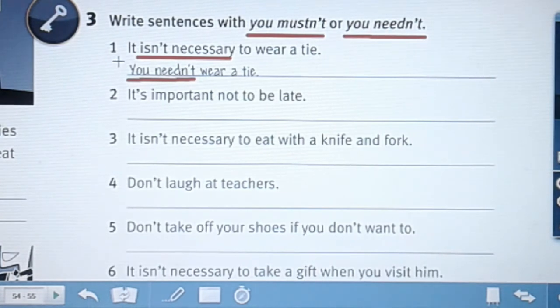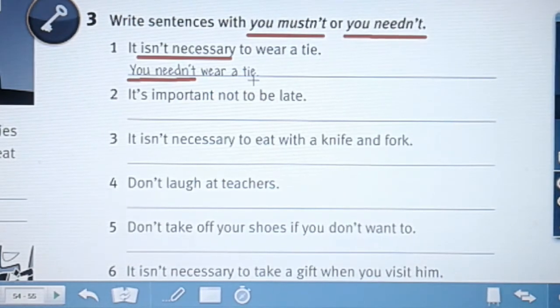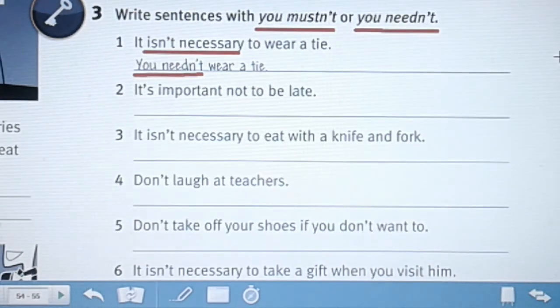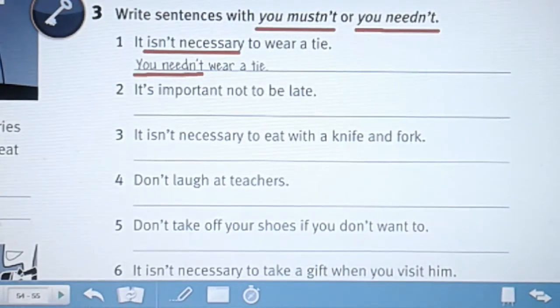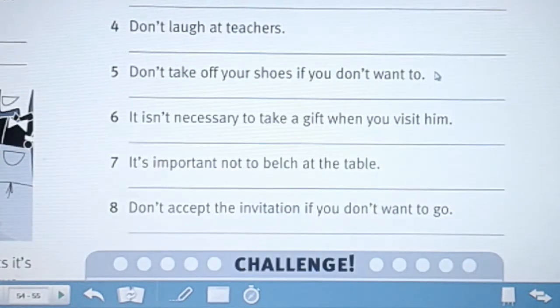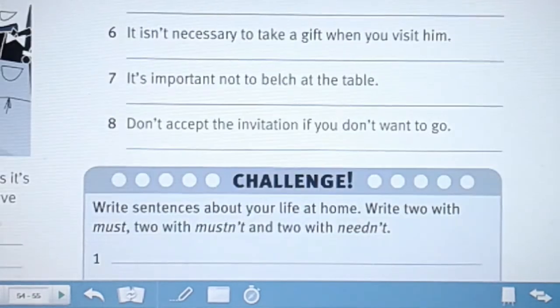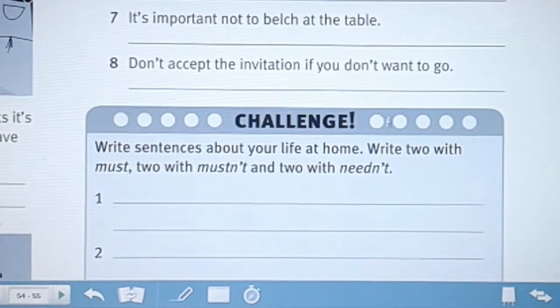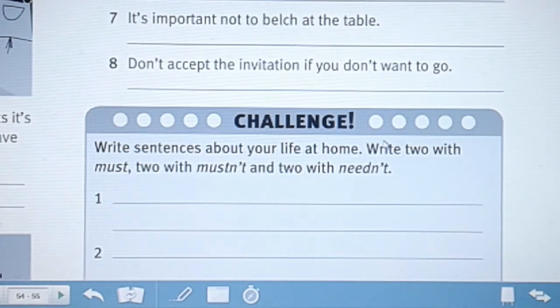So this sentence turns into you needn't wear a tie. Okay, so please write down your answers to number 2 till 8. You don't have to do the challenge part. Just skip it.